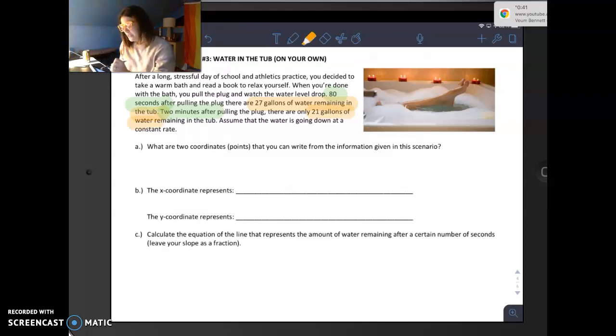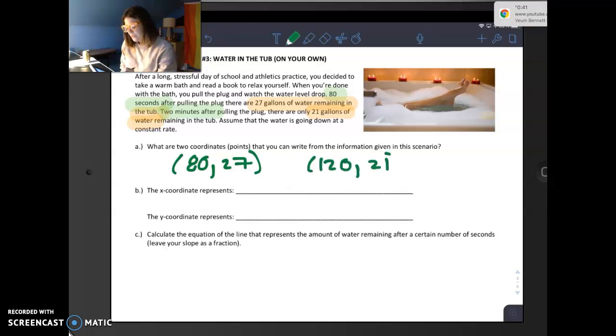So the hint I'm going to give you is that the first point is 80, 27, but then the second point is 120, 21, because 2 minutes at 60 seconds each is 120 seconds. So that one had a little trick in it.